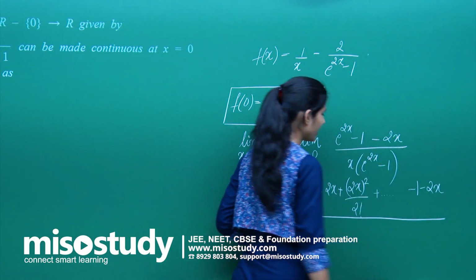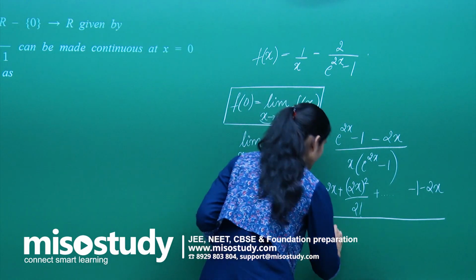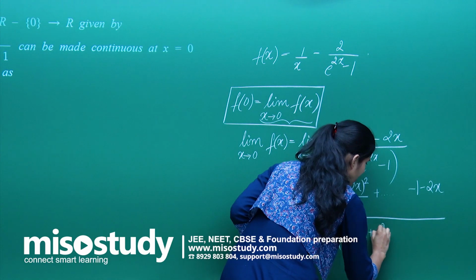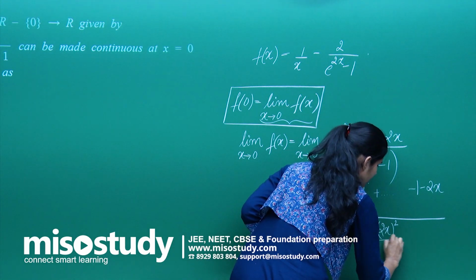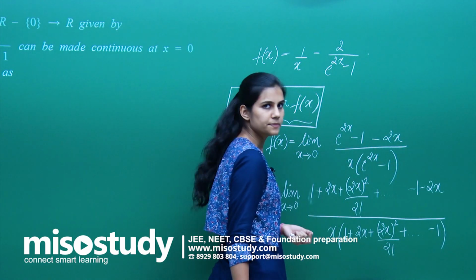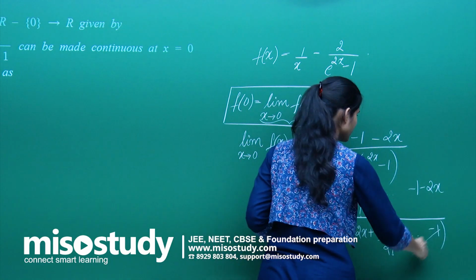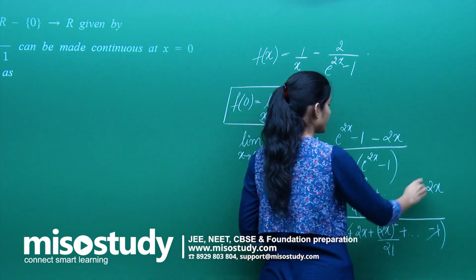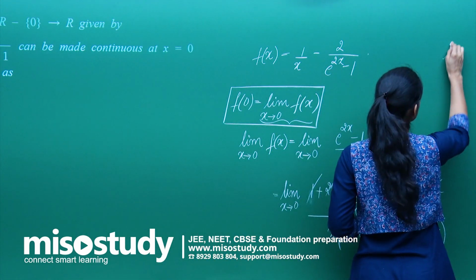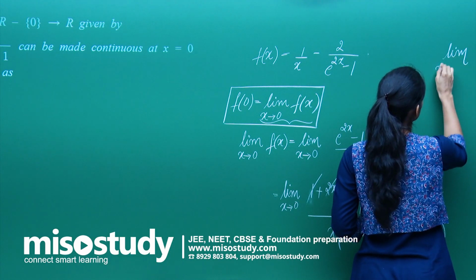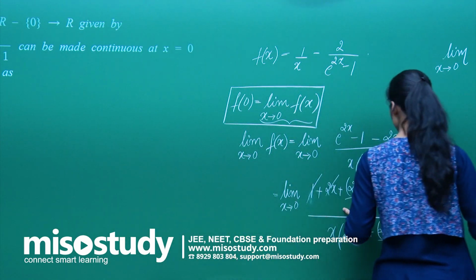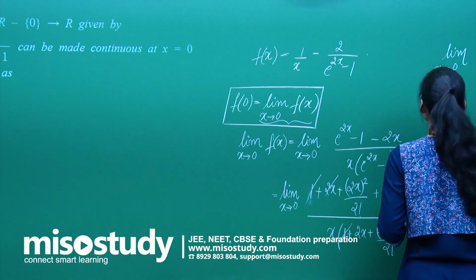I am just using the expansion of the exponential function, and then in the denominator as well, this is 1 plus 2x square by 2 factorial plus and so on, minus 1. 1 minus 1 gets cancelled, 1, 2x, minus 1, minus 2x, everything gets cancelled out. What you are left with is the limit x tends to 0, and this becomes 2x square by 2 factorial, then 2x cube by 3 factorial.